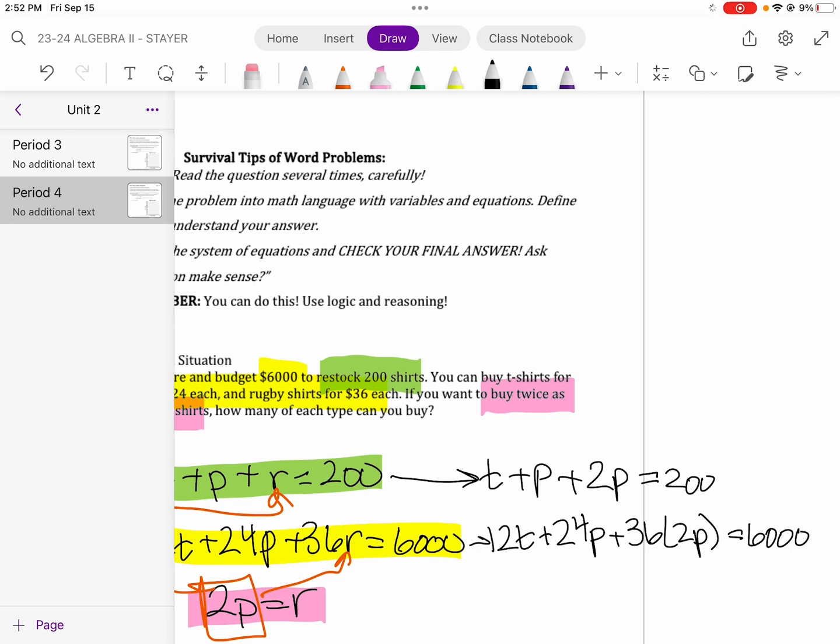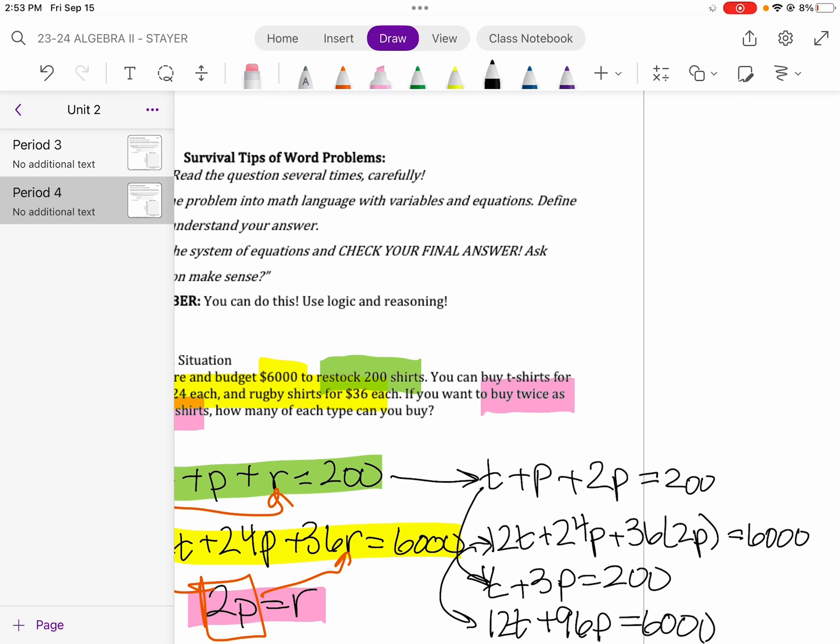Don't we have some like terms to combine here? T plus 3P equals 200. That's just this one right here, combining all my P's together. Isn't the second equation right here 12T plus 96P equals 6,000?